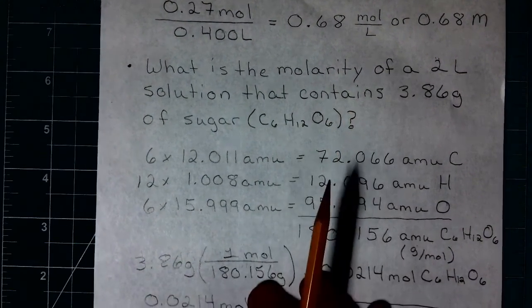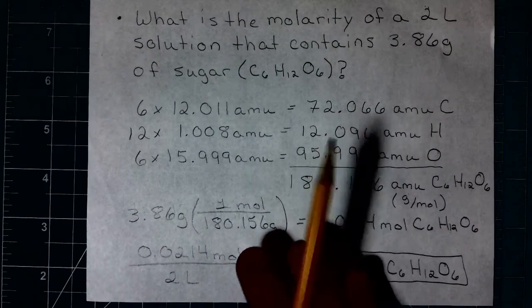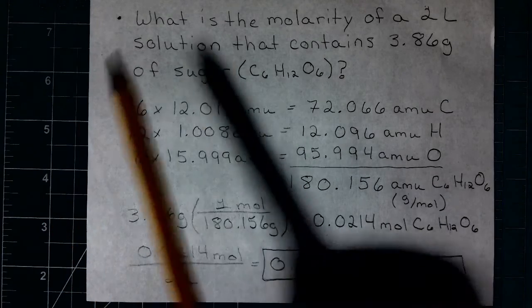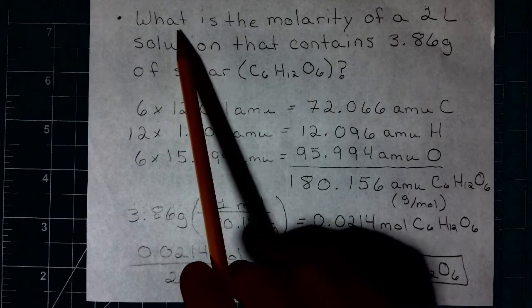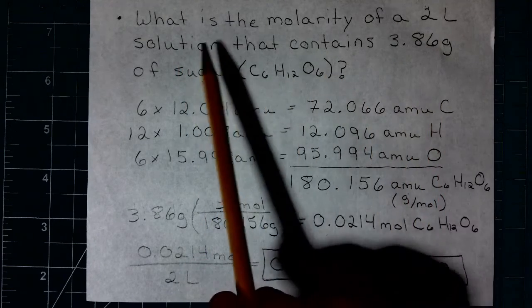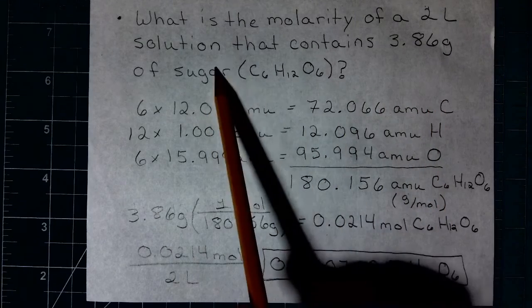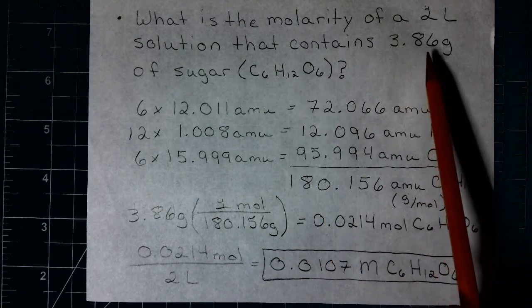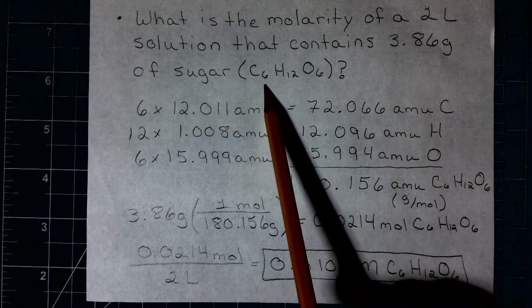It's also important to note that our molarity calculations can be combined with any other kind of mole problem that we've done so far. So in this problem, it asks, what is the molarity of a 2-liter solution that contains 3.86 grams of sugar? So now we're being given mass, and we need to figure out how many moles of sugar that is.